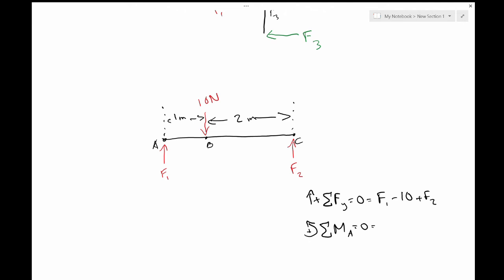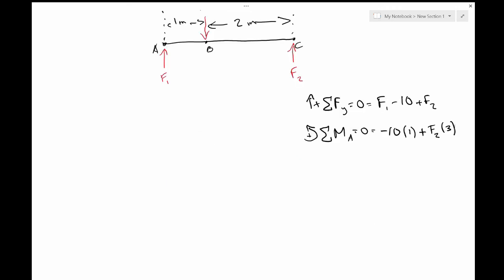So what we have is 10 newtons, and this is going to create a clockwise force, so we're going to say that this is negative again. So negative 10 times 1. And then F2 is creating a counterclockwise force, so it's going to be positive, so plus F2 times 3. So now we can solve for F2.